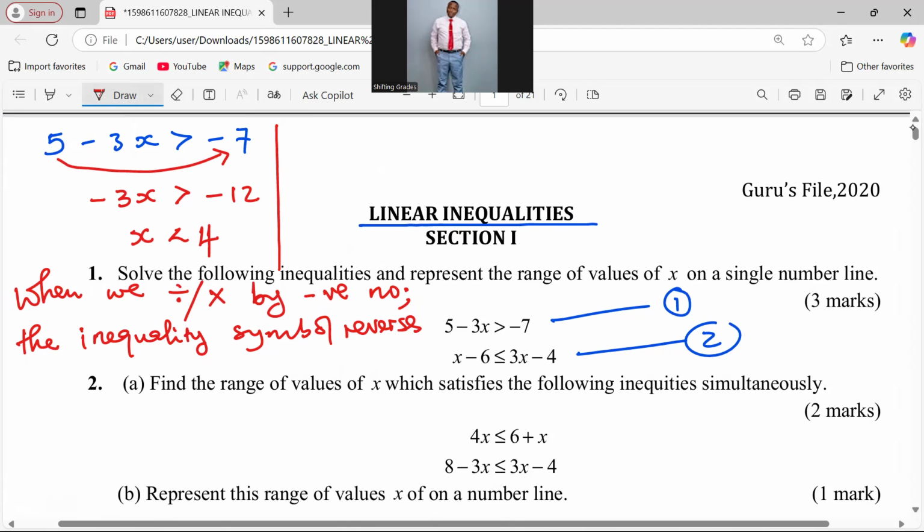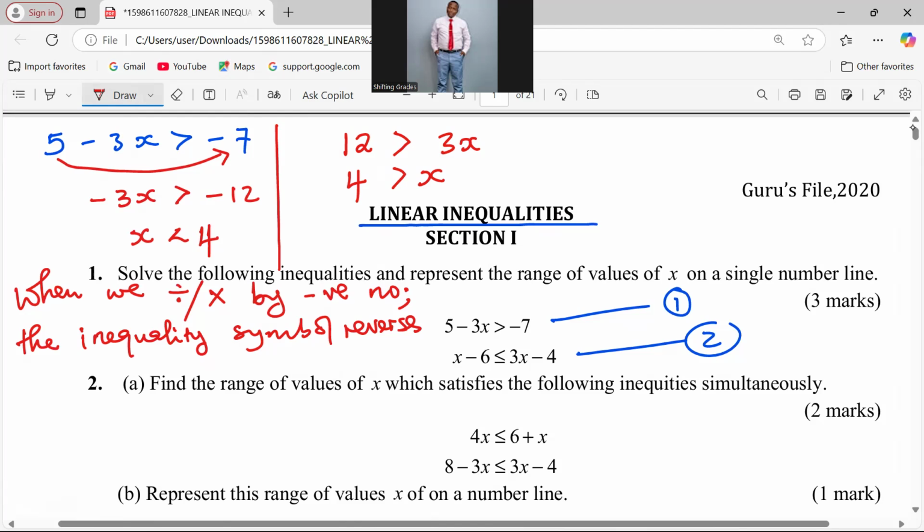Instead of taking 5 to the right-hand side, now we bring 7 to the left, such that it is 5 plus 7, and that will give us 12. Then this will be greater than 3x, which is now positive on the right-hand side. So that to remain with x, we shall have 4 on this side.